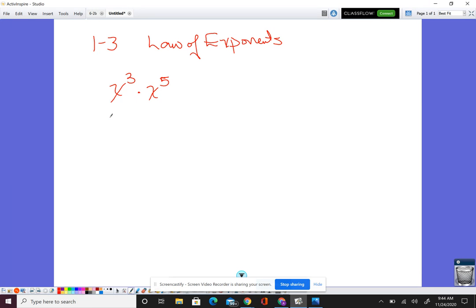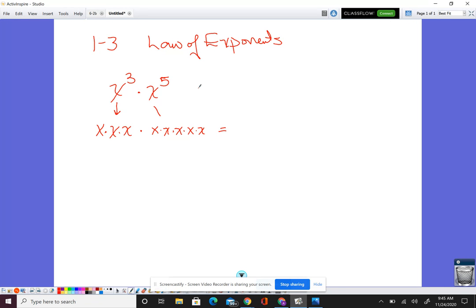So if we expand this out, this becomes x written down 3 times, and this one is x written down 5 times. And then we're multiplying between those two. So how many times do we have our x's written down in both combined? 1, 2, 3, 4, 5, 6, 7, 8.